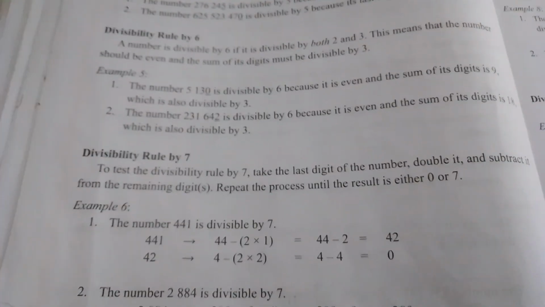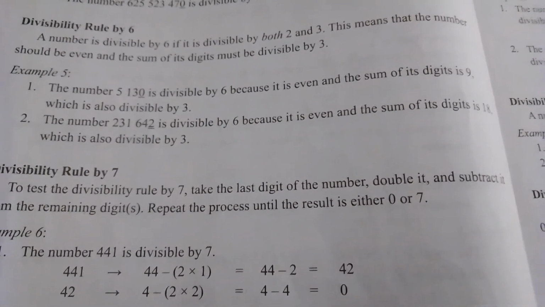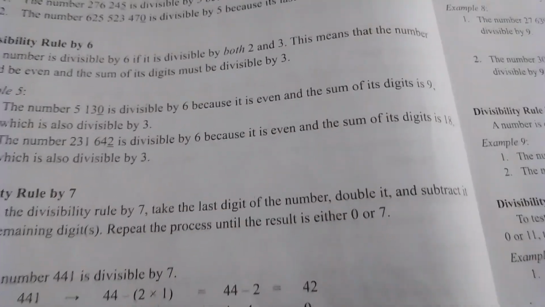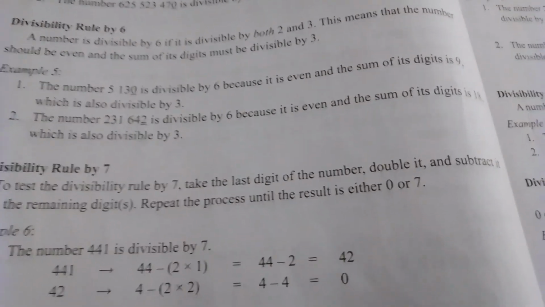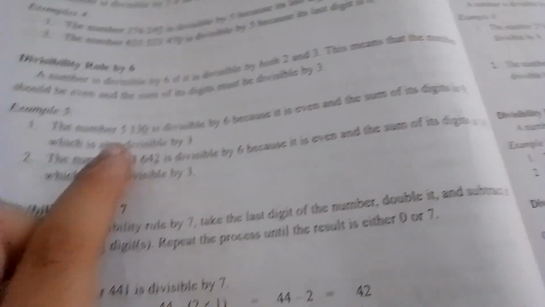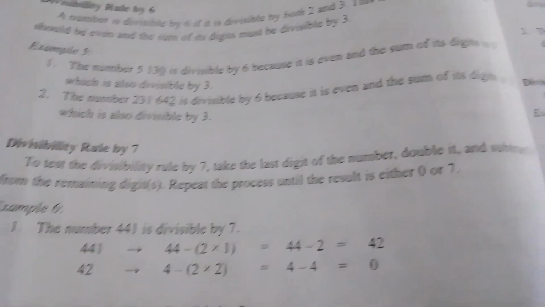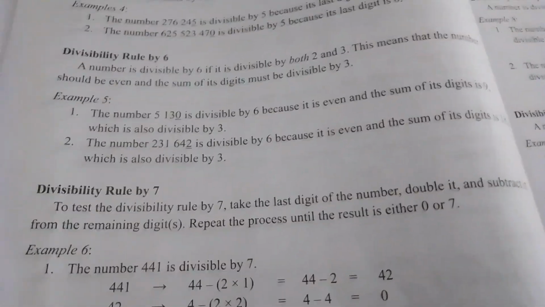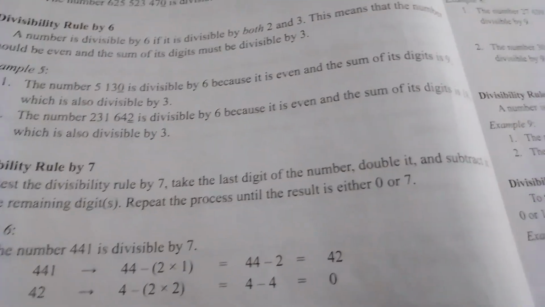For example, the number 5,130 is divisible by 6 because it is an even number, ending in 0, and the sum of the digits is 9, because 5 plus 1 plus 3 is 9, which is also divisible by 3.